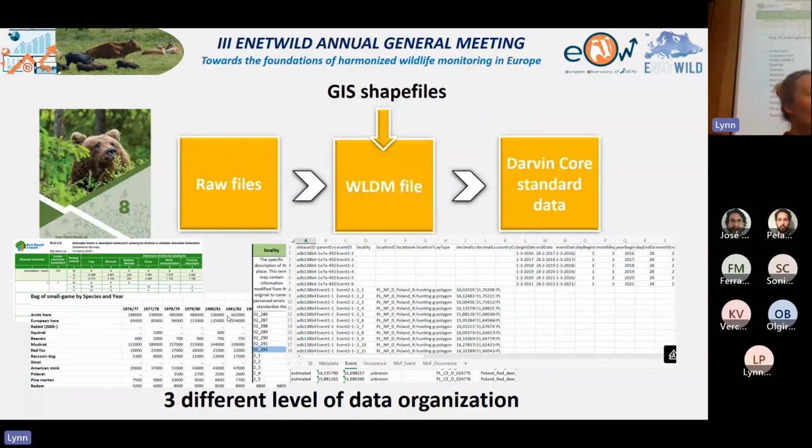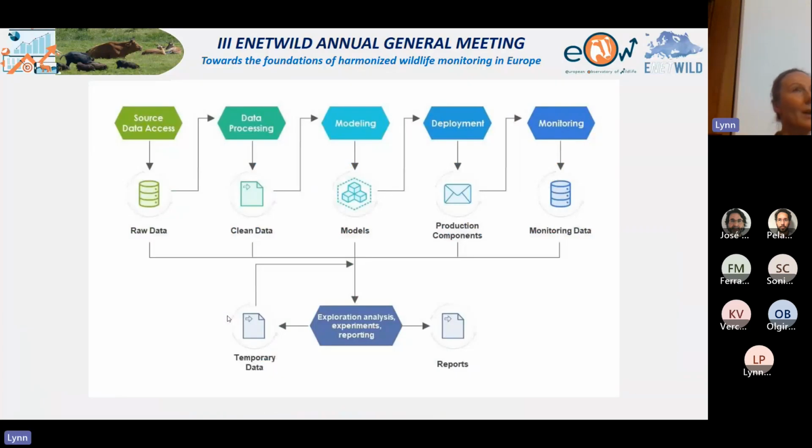Not easy to transform, because if you see where we had to start from, sometimes PDF files, and going to the standards which are accepted on bigger areas, it was not really easy. But our idea is to have the flow according to these standards.